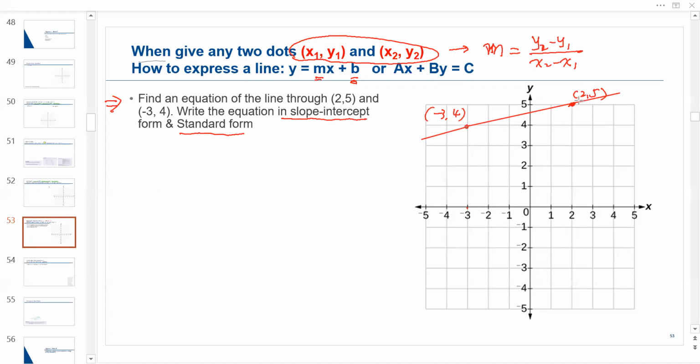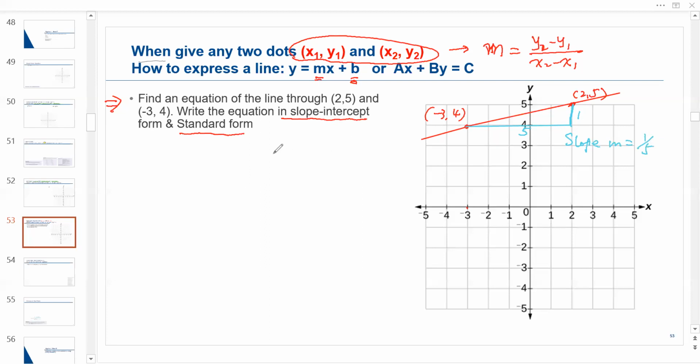From this dot to this dot, how many units do we move? From -3 to 2, X moves 5 units, right? What about Y? Y moves up 1 unit. So the slope M equals 1/5.